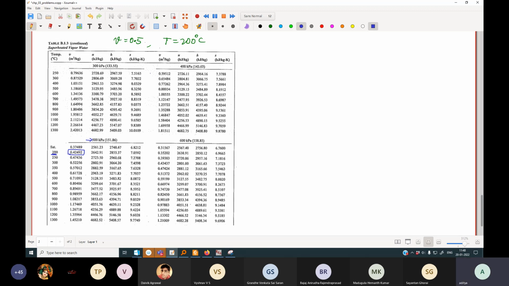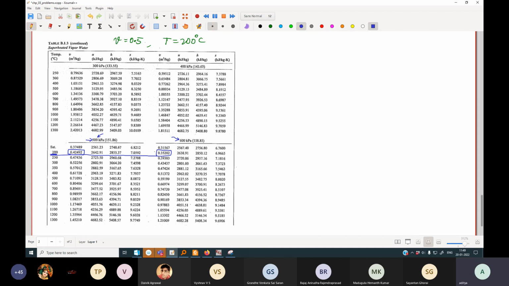There are no two T equal to 200 degrees Celsius entries here, but we can expect that if we go from 500 kilopascal to 600 kilopascal along the 200 degrees Celsius line, the specific volume reduces.